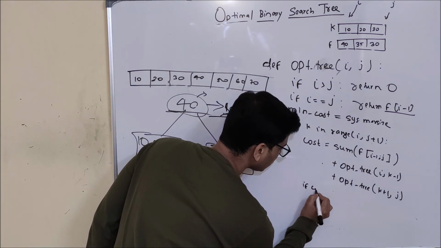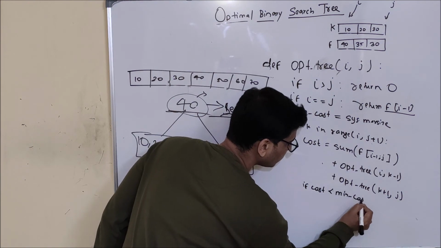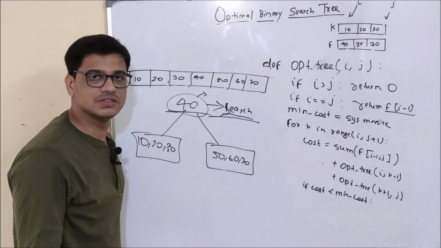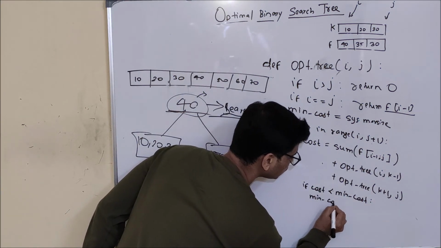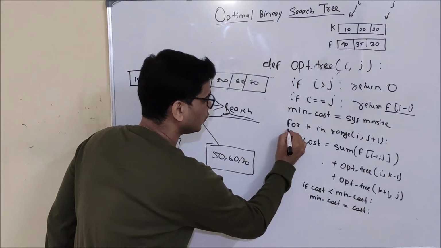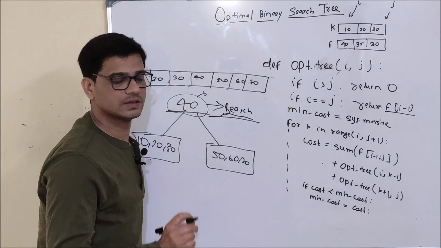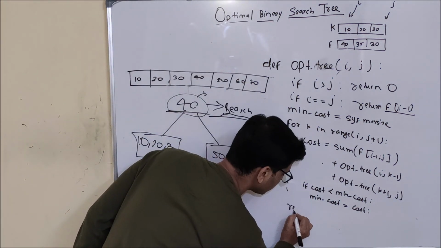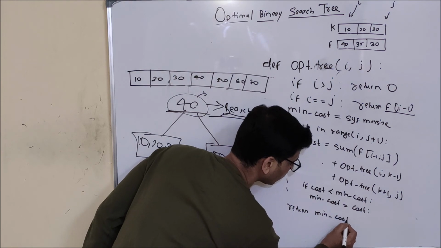I will check whether this cost is smaller than my min cost. And if this is true, then I will update min cost with cost. Once it has checked for all the keys, I will have my answer in min cost and I will return min cost.